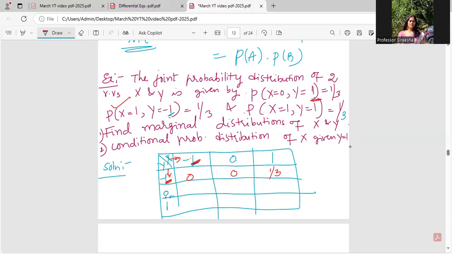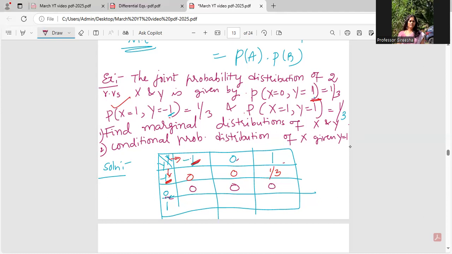Is there a value? No. X is equal to 0 and y is equal to 0. Is there a value? No. For x is equal to 1 and y is equal to 0. Is there a value? No. So the whole row is 0 only, guys. The second row is 0.